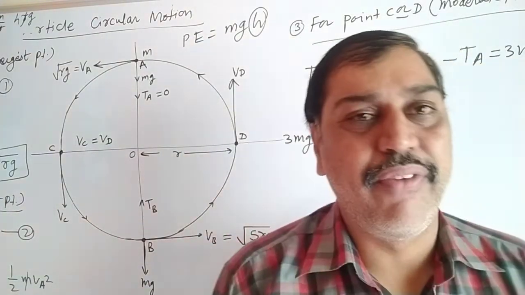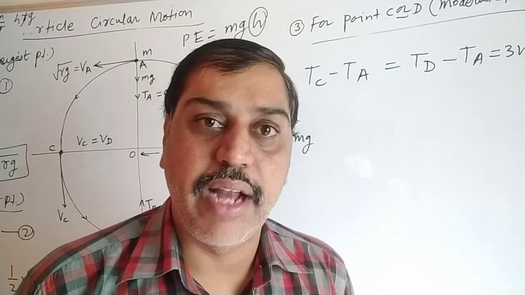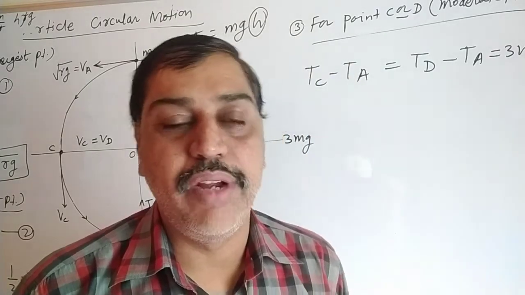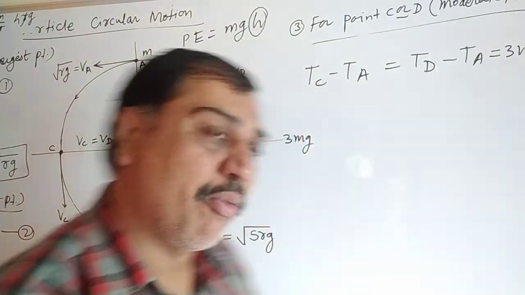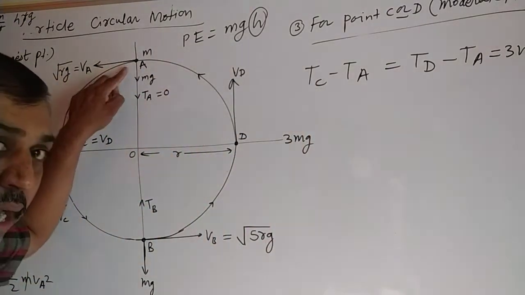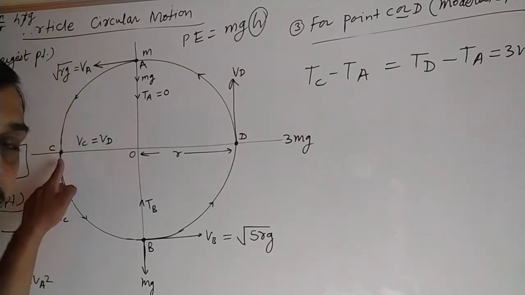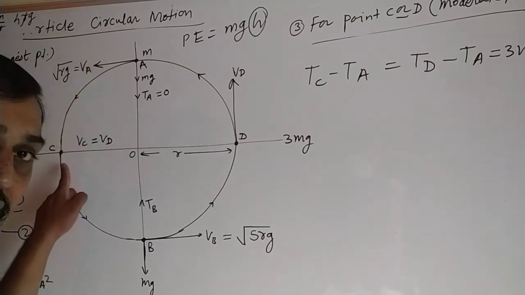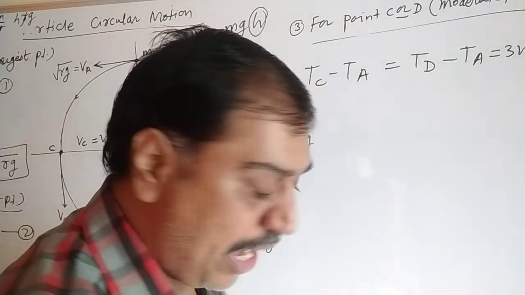We have to determine velocity. We have determined Va, we have determined Vb, now we have to determine Vc. How can we determine it? Again the same formula. As the particle moves from A to C, its potential energy decreases and it results in an increase in kinetic energy.